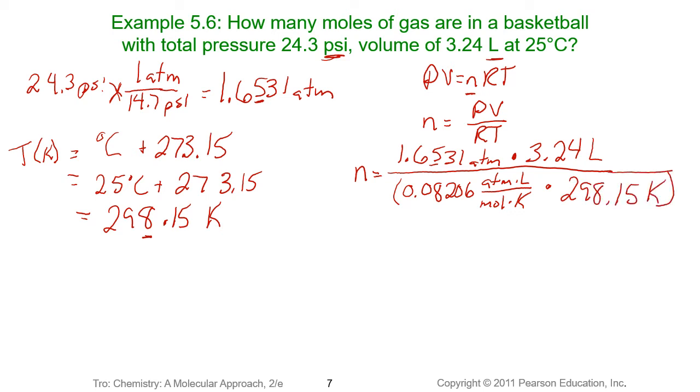Now if we look at our units, our atmospheres cancel, the liters cancel, the Kelvin cancels, and we are left with the number of moles. So in our basketball, we have 0.219 moles of gas.